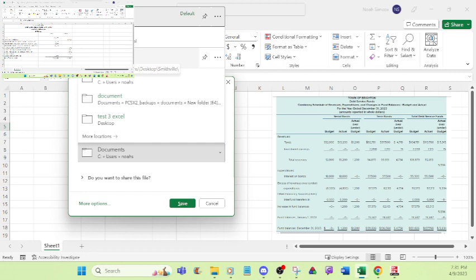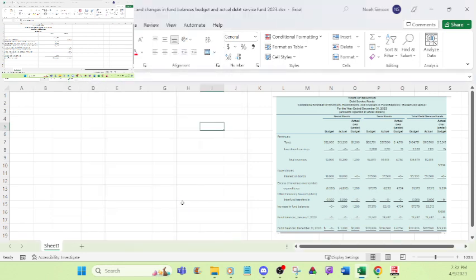Smithville. Dude, this looks kind of just like another income statement. This looks very similar to an income statement, except for the fact that it has budget.